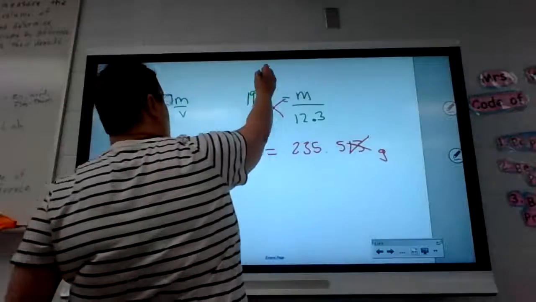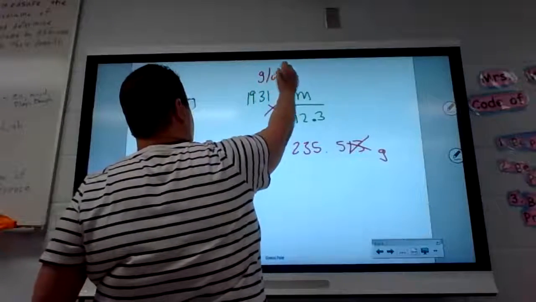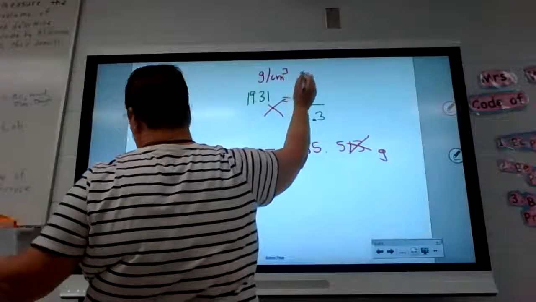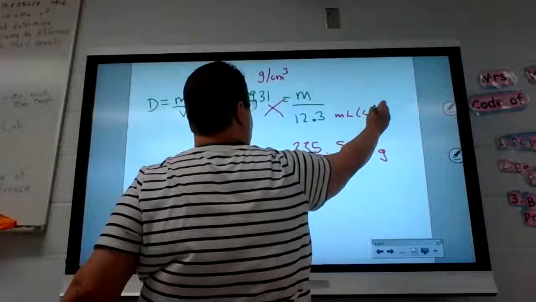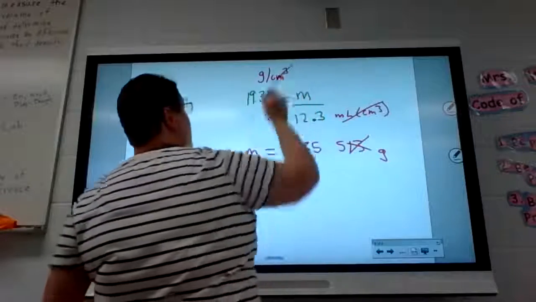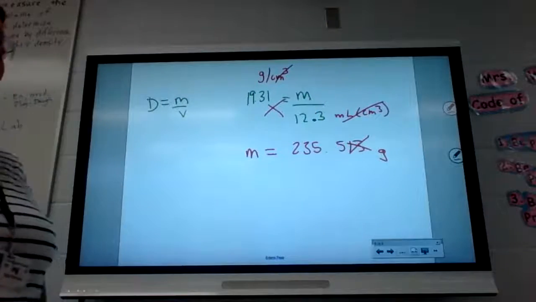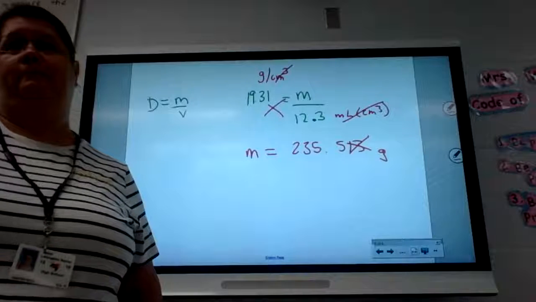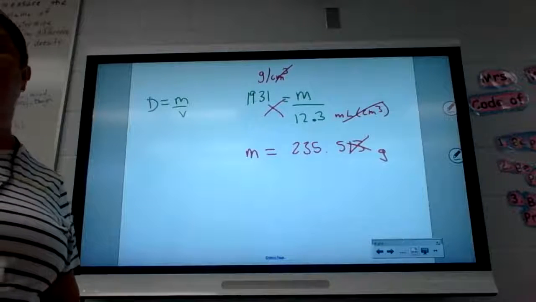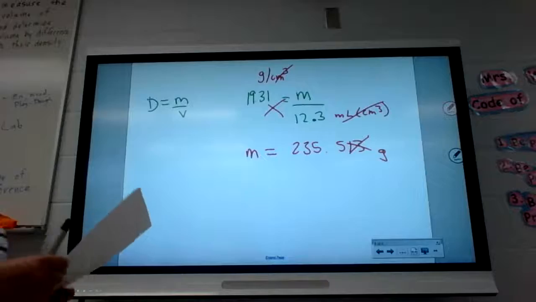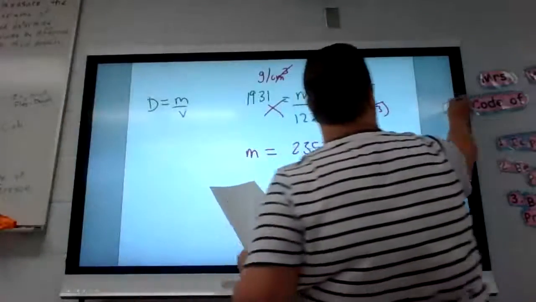Because this had grams over centimeters cubed, and I gave you milliliters, and milliliters and centimeters cubed are the same, and so those cancel out, leaving you grams. Most likely when it's a question like that, you're going to have to go back. Not necessarily. In the next one, I didn't make you look up anything. I gave you everything. You only need that if I leave out a number.